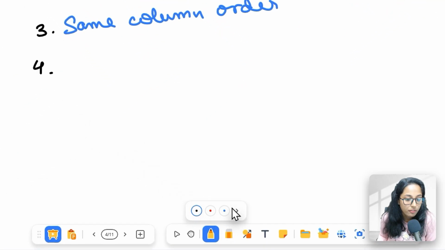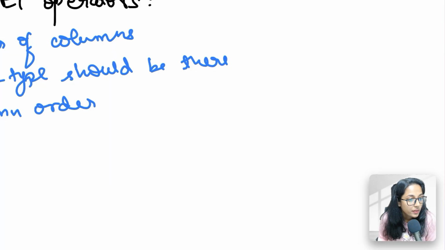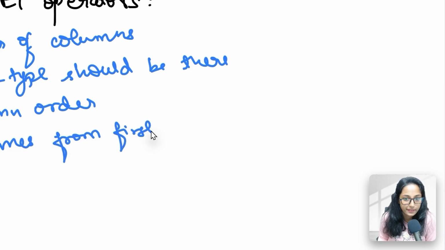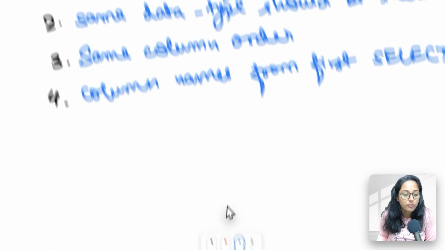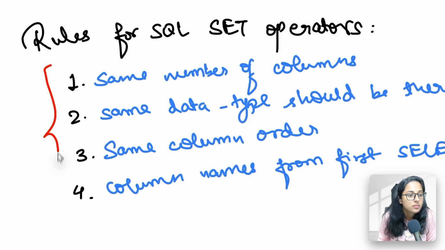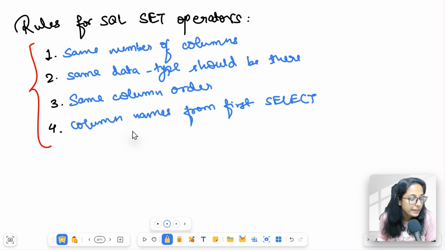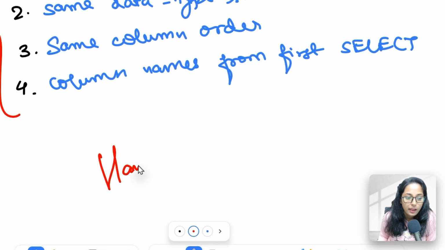And then the column names come from my first select. So we have to make sure that we follow all these four rules while implementing it. When we try it practically, we will be able to understand better. We will check that in the hands-on part.